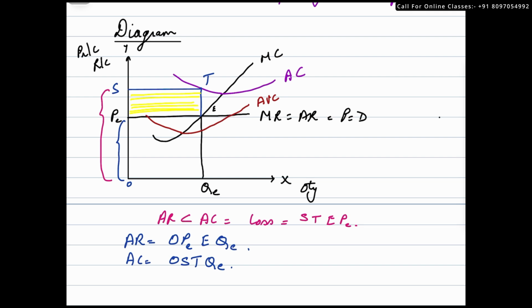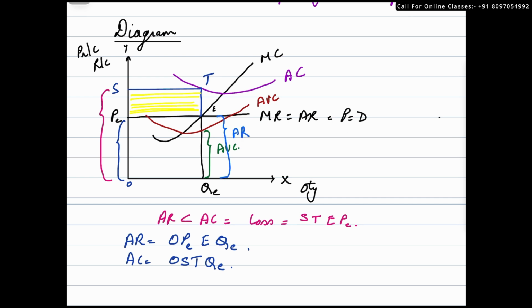Now if we take a look at the average variable cost curve, the intersection point here is much below the price, right? So if you are supposed to plot and point it out in this diagram, from here to here are your average variable costs, and this much is your average revenue.